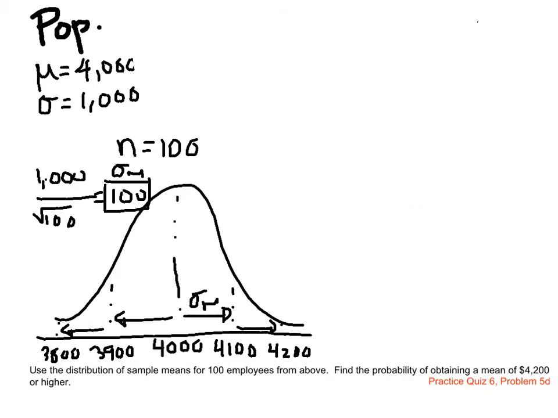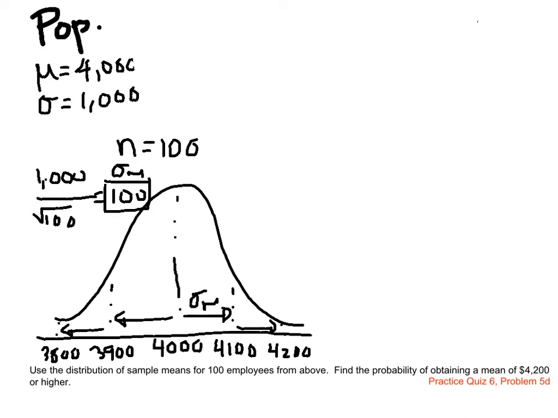So now I cleared most of what we just did to move on to problem D. And problem D says use the distribution of sample means for 100 employees from above, which is what we just completed, and find the probability of obtaining a mean of 4,200 or higher.